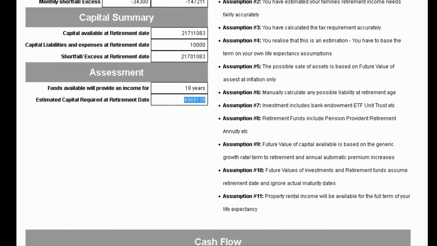And so they have a 4.9 million Rand shortfall. Mr. and Mrs. Soap now have two options. They can reduce the budget and try to coax a few more years out of the cash flow, or they can increase contributions to boost their retirement pooled resources. But one thing's for sure, they're going to have to do some planning.